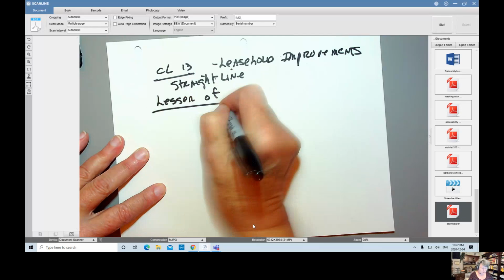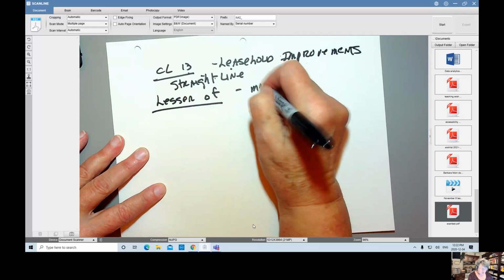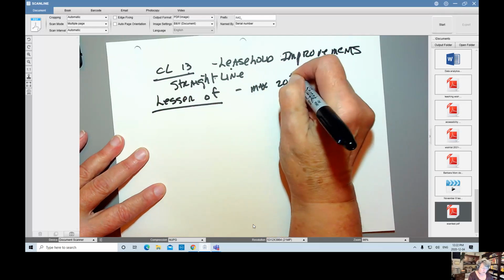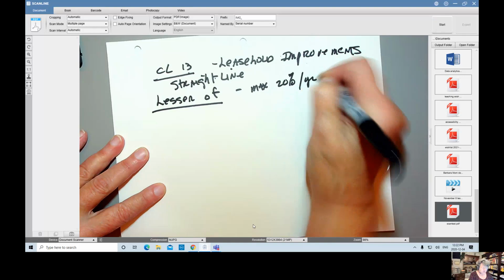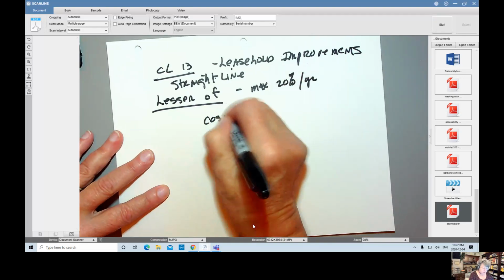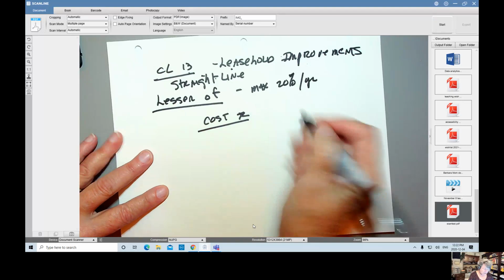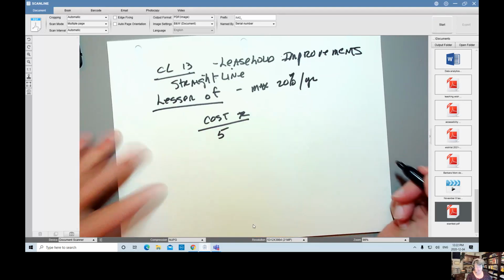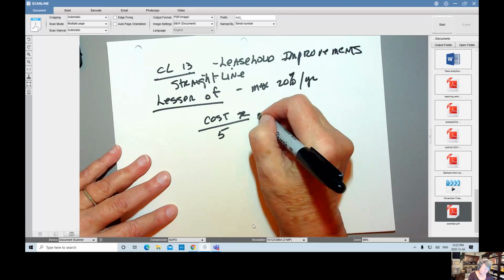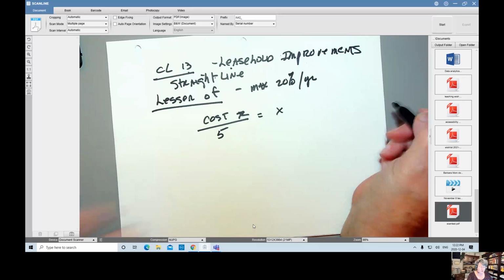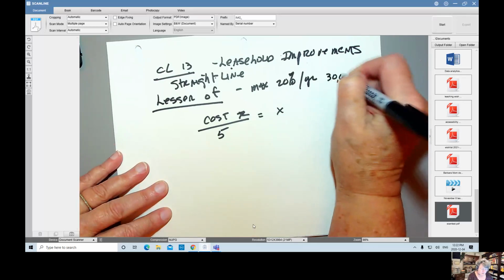So we have the lesser of, the maximum is 20% a year. So the lesser of is the cost divided by 5. Okay, that's your 20%. So let's do leasehold improvements of 30,000.